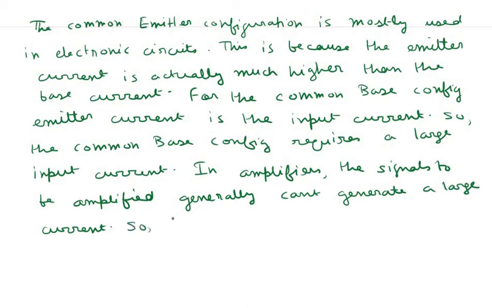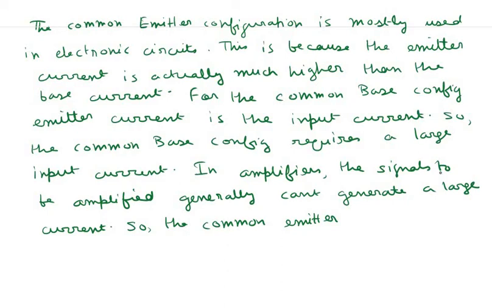So the common emitter configuration is mostly used. So the transistor can actually function as an amplifier. We will see how, but right now just know that the transistor can actually function as an amplifier, and one of the main uses of transistors is actually amplification.